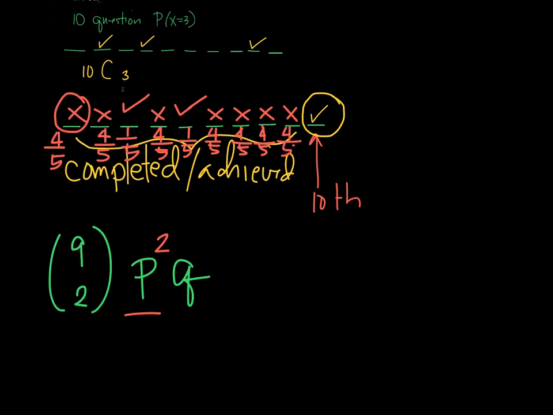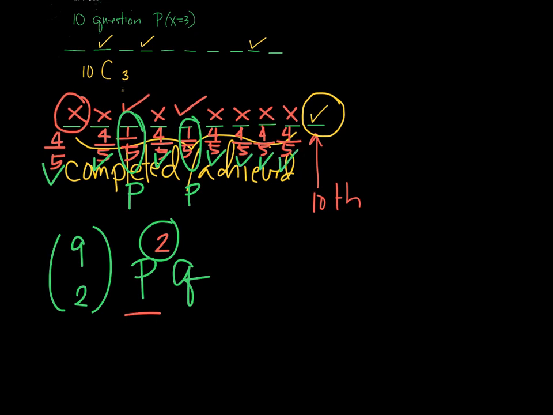And 4 over 5. So if you count all those 1/5, you have 1/5 and 1/5, those are our P, so it happened twice. While the Q, which is 4 over 5, happened 1, 2, 3, 4, 5, 6, 7 times.